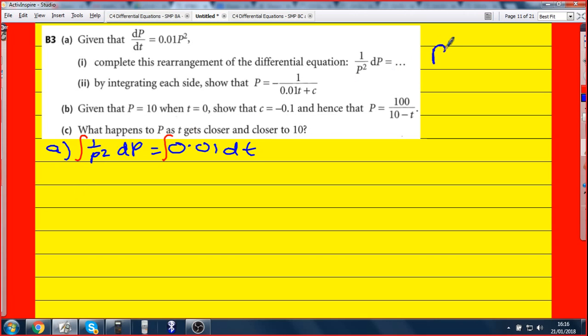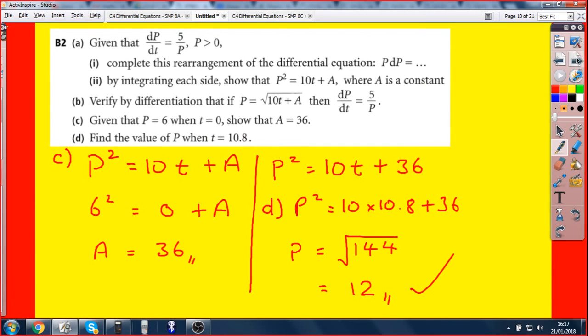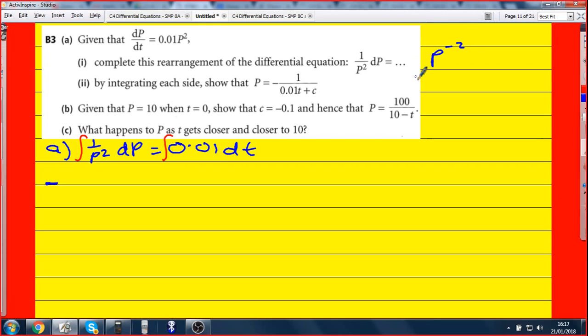So think about this as like p to the minus 2. P to the minus 2. What do you do? Let's see. With integrating, you add 1 and then divide by the new one, don't you? Oh, no, no. Yeah, you add 1 and then divide by the new one.